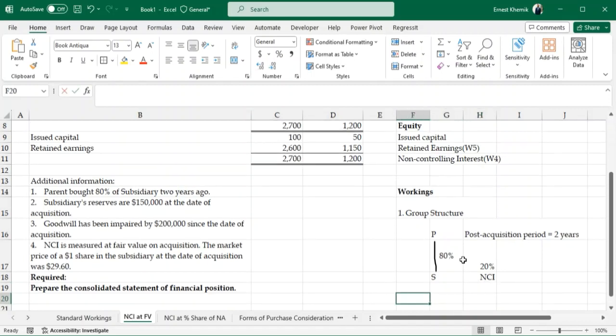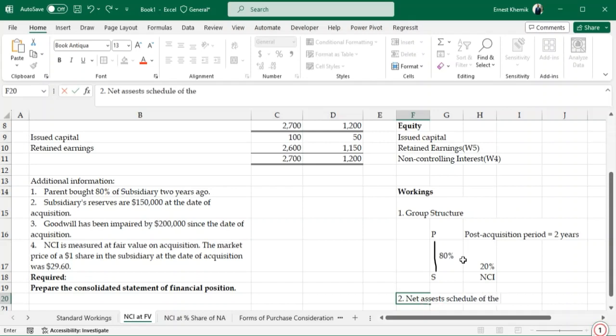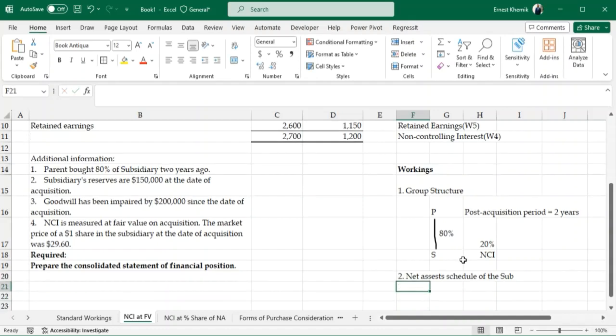Now let's go to the second working, and that is the net assets schedule of the subsidiary, which we denote as S. And then when you come here, what we do is that we are going to list the net assets.